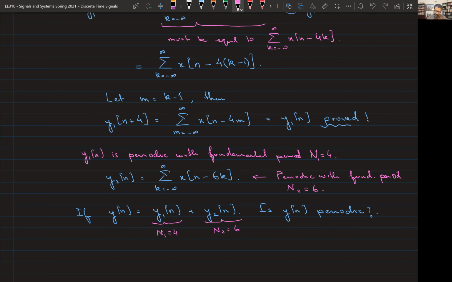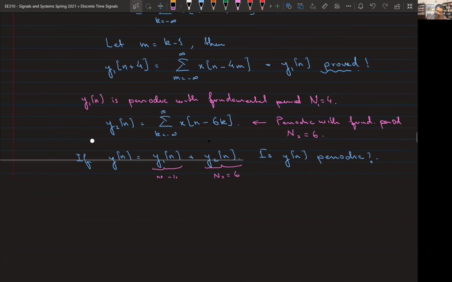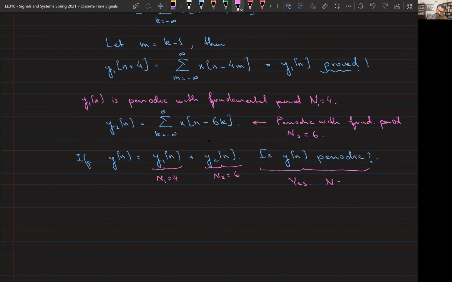So the answer is yes, and the fundamental period is 12, because 12 is the smallest integer that is a multiple of both 4 and 6.